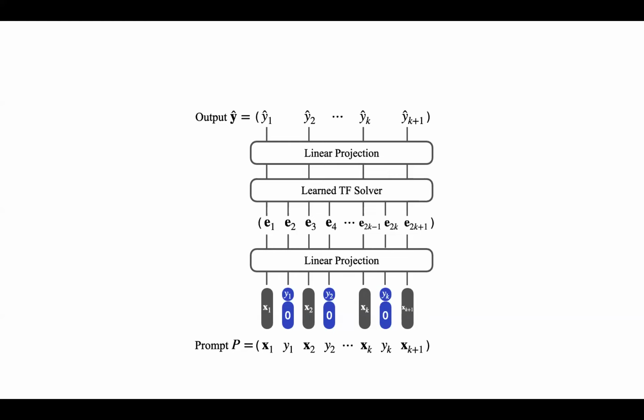Then we treat these as the embeddings and put them into the transformer. And in the end, we do another projection, projecting back to the output space. Also, just to be clear, because xi are d-dimensional and yi are one-dimensional, when we're passing them to the linear layer, we pad each yi with zero padding to make sure they have the same dimension. So this is the setting. I hope everyone is clear with it.